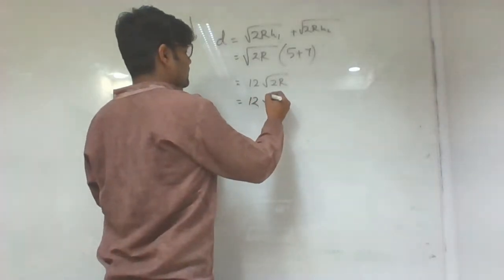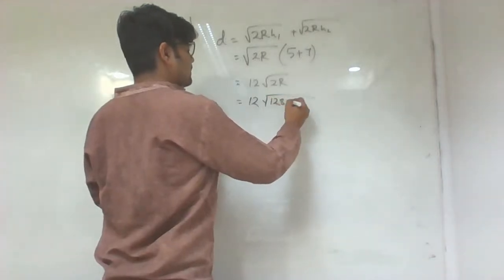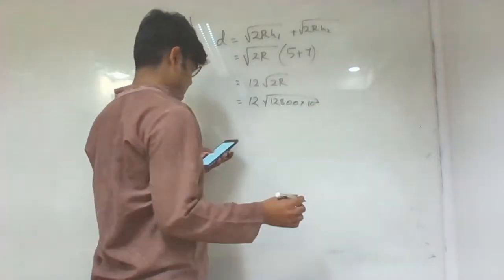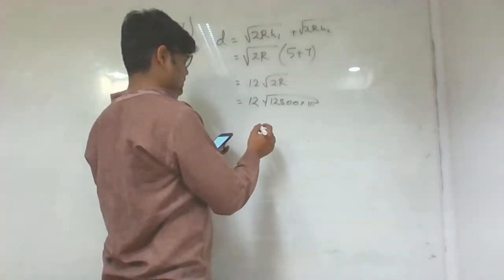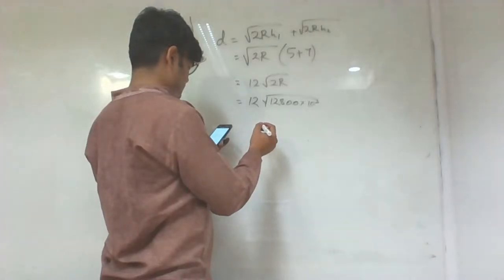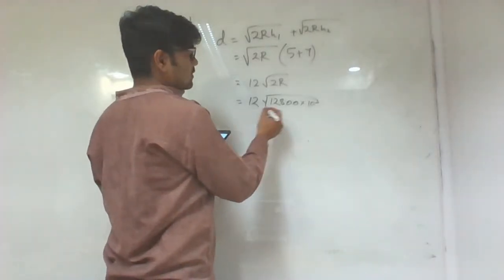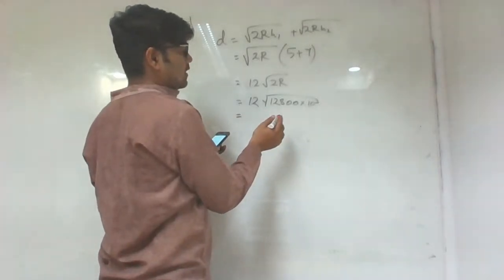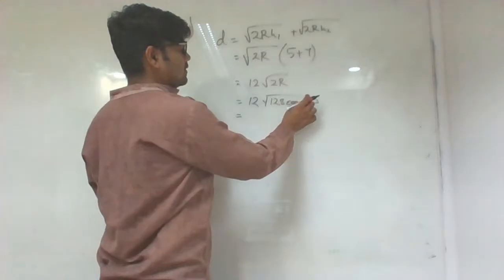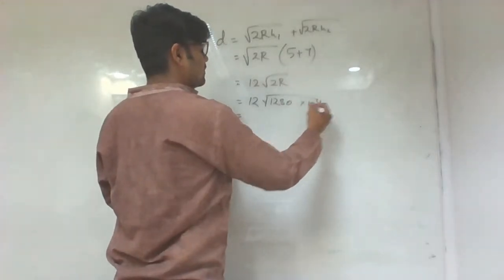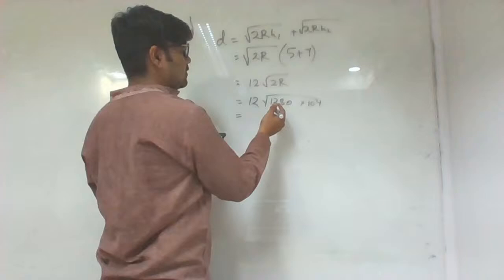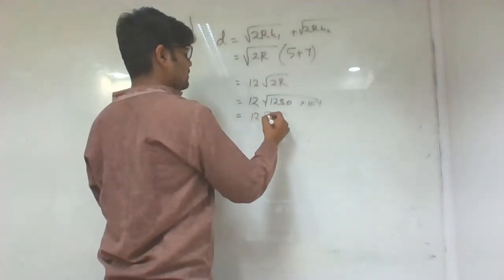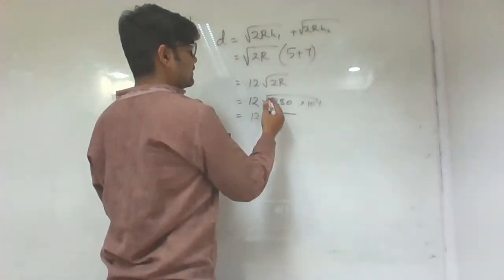12, 1280, so 6480. 12 root 1280, 1280 is 256 into 5.